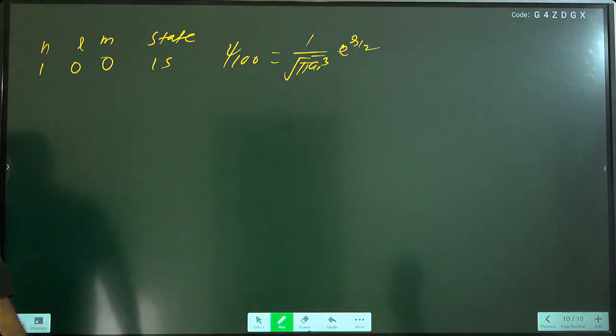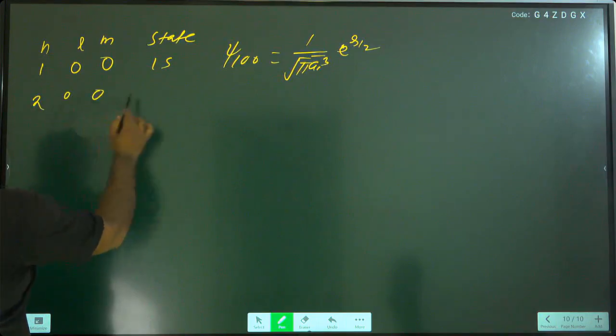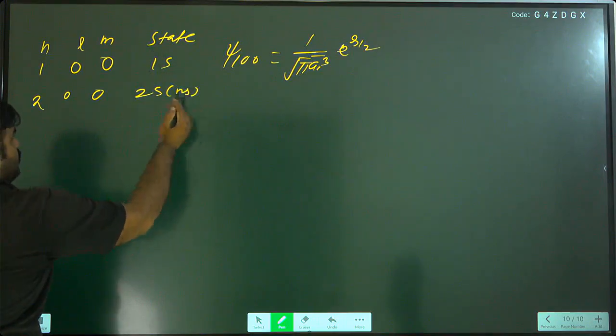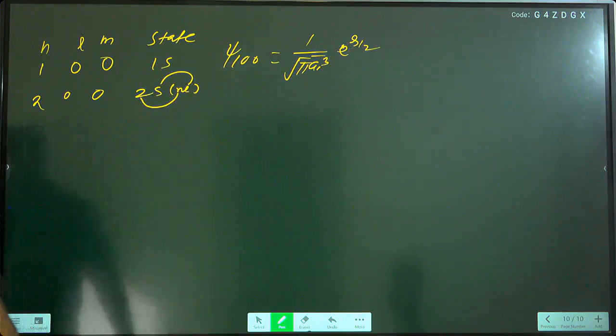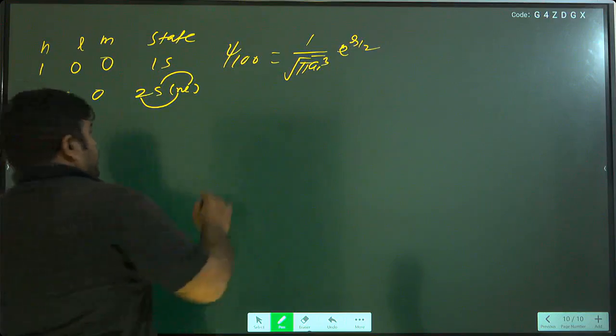Now next 2 0 0, this is the 2s state. This part is nothing but n, this is nothing but l. Then what is this value?